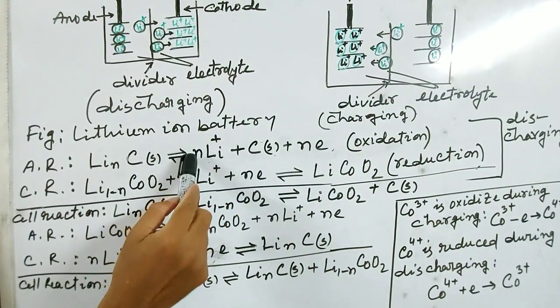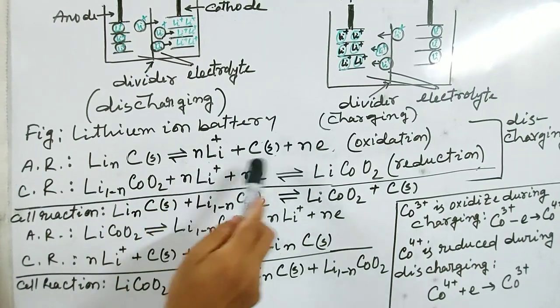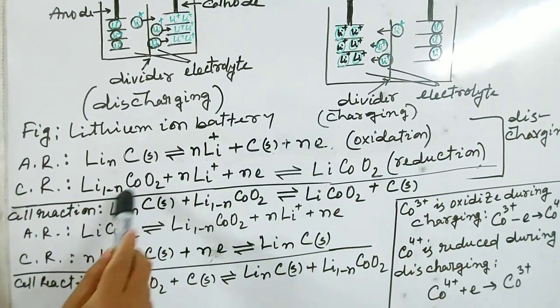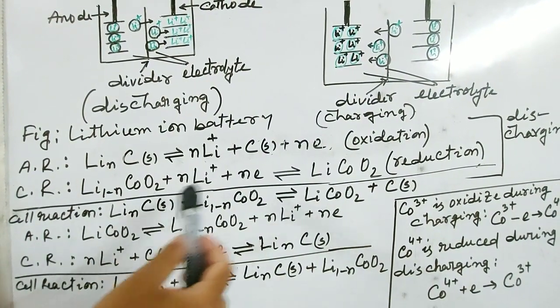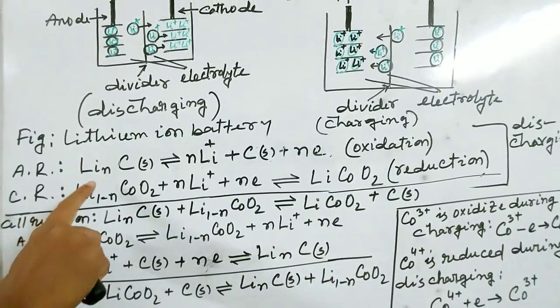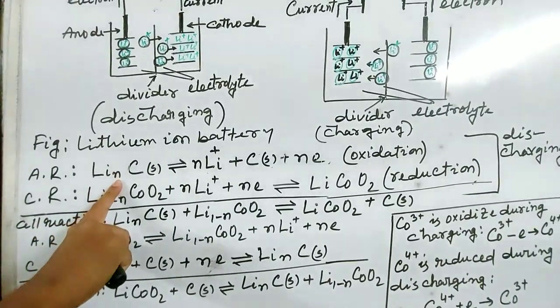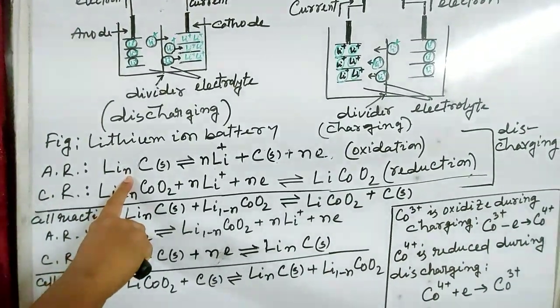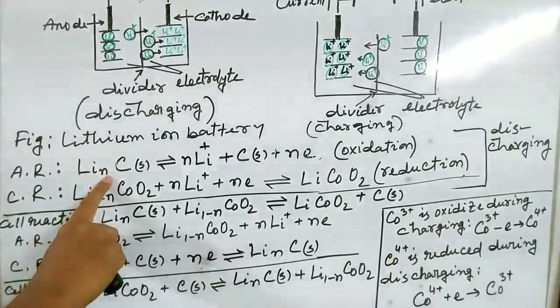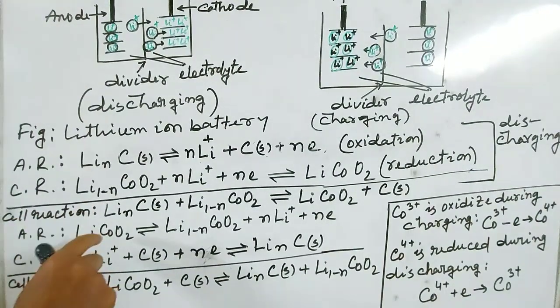the produced n mole of lithium ion and n mole of electrons are accepted by lithium 1 minus n cobalt oxide to produce lithium cobalt oxide. Here actually n equals the mole number of lithium atom, but the mole number is less than 1.